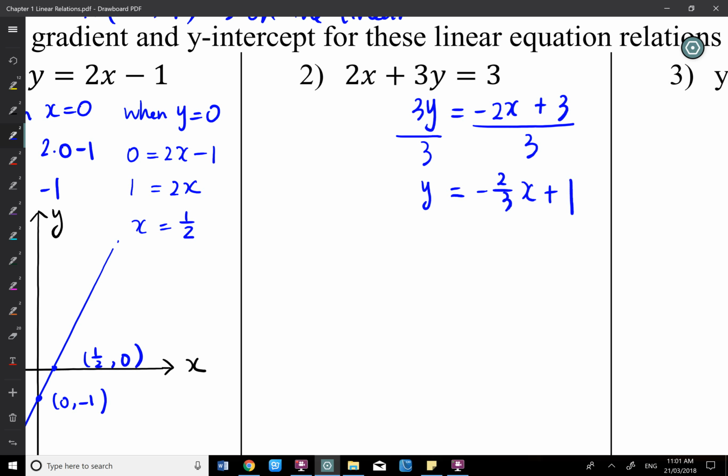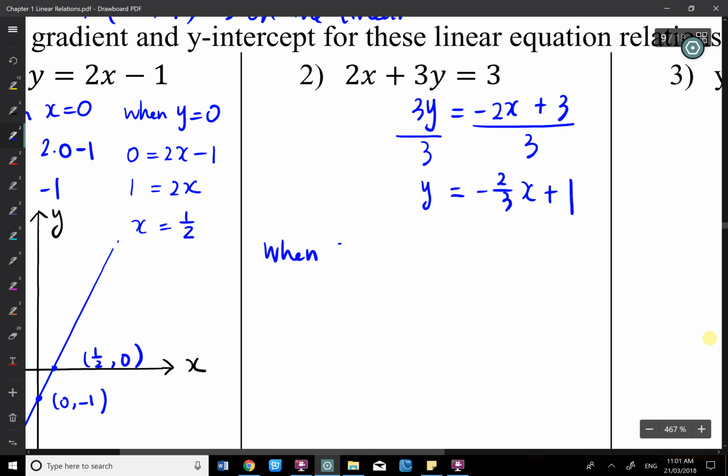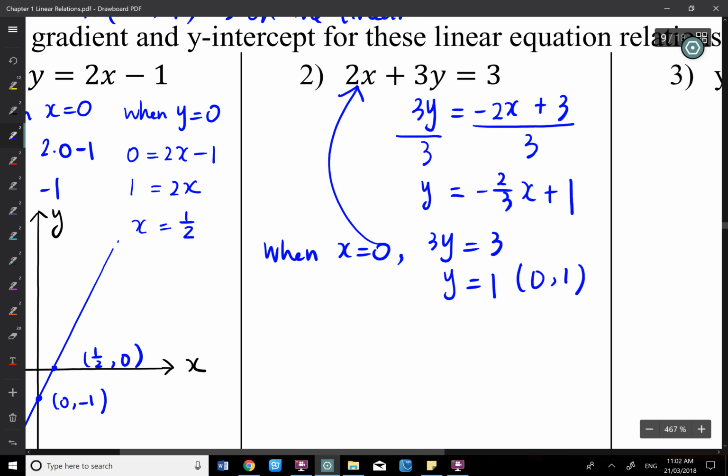But if I just want to find the x and y-intercepts, I don't need to make it into the gradient-intercept form, because I can say when x equals 0, I'm trying to find the y-intercept. I just sub x equals 0 into the original equation. I will have 3y equals 3, then y equals 1.